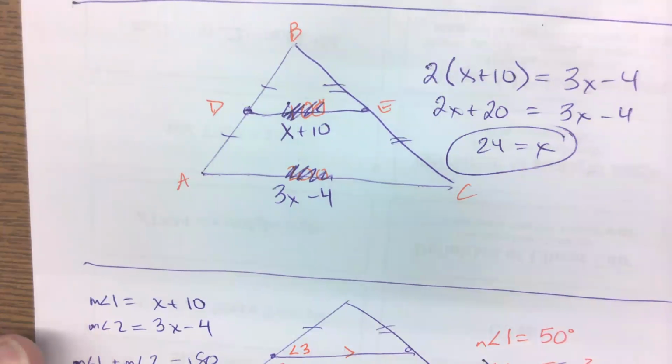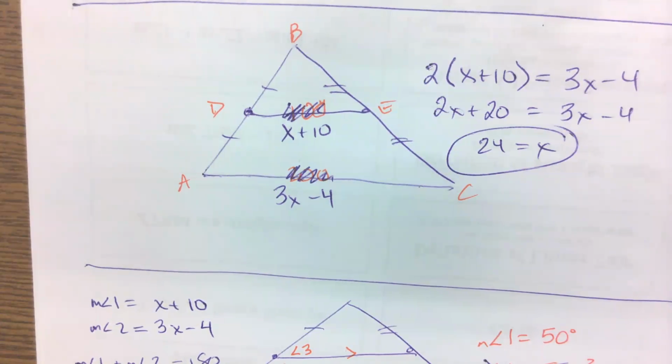We get x. Easy peasy. Let's give it a try. Please get your Chromebooks. I'll open them up for you now. But you get a calculator too if you don't already have one.